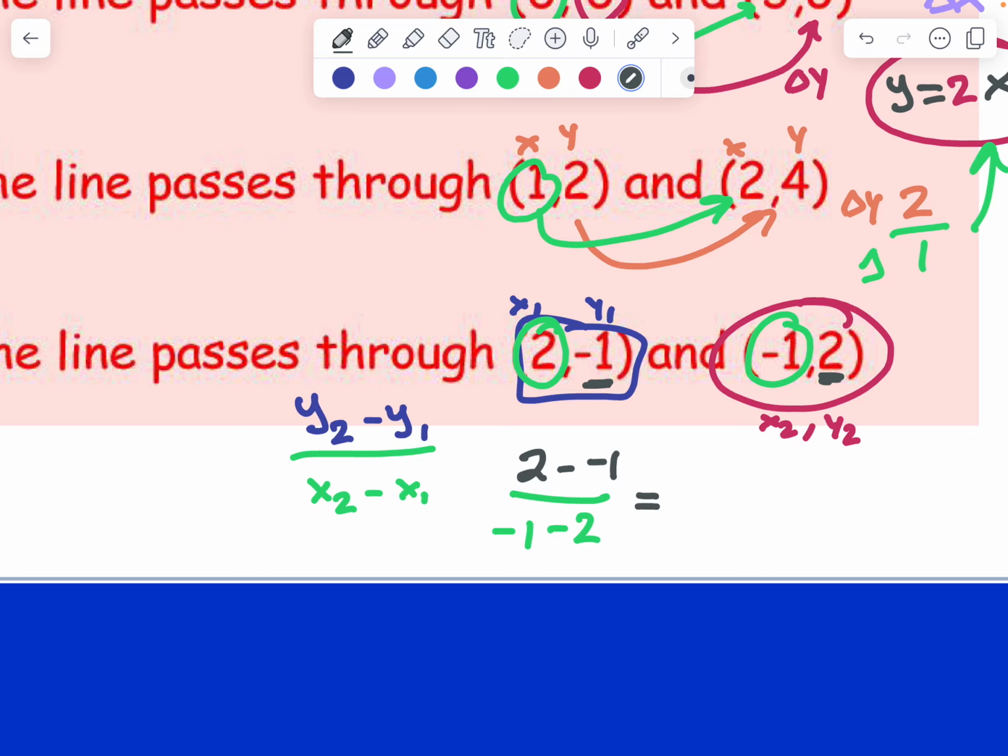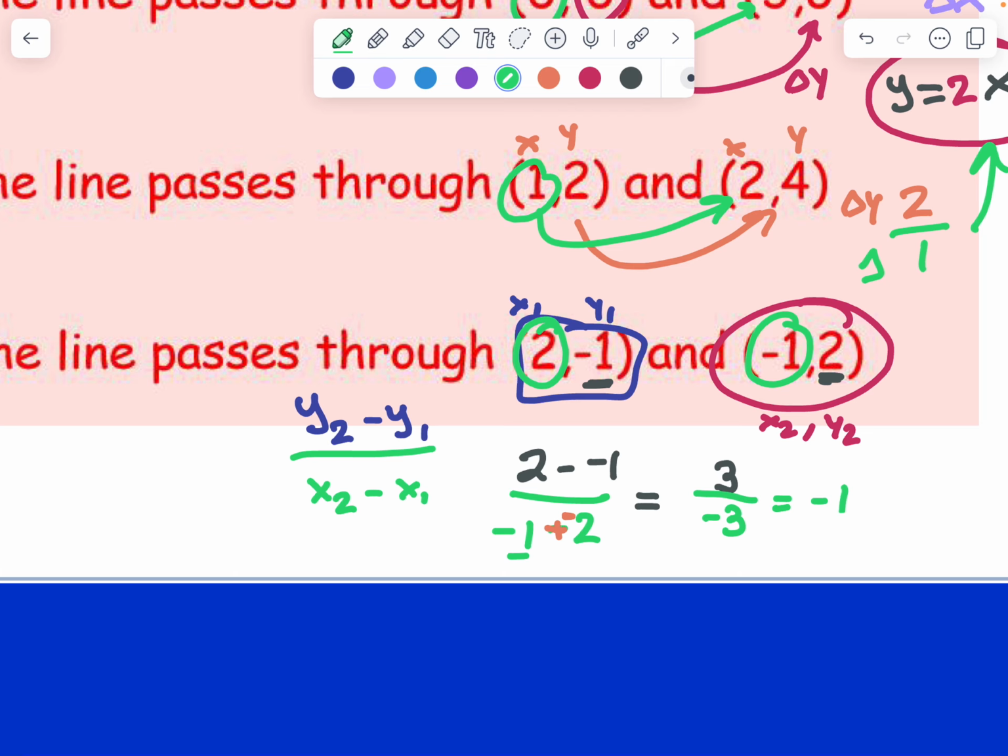On top, 2 minus negative 1 is positive 3. On the bottom, 1 minus 2, you can keep change if that's helpful for you, would be negative 3. So my slope here is negative 1.